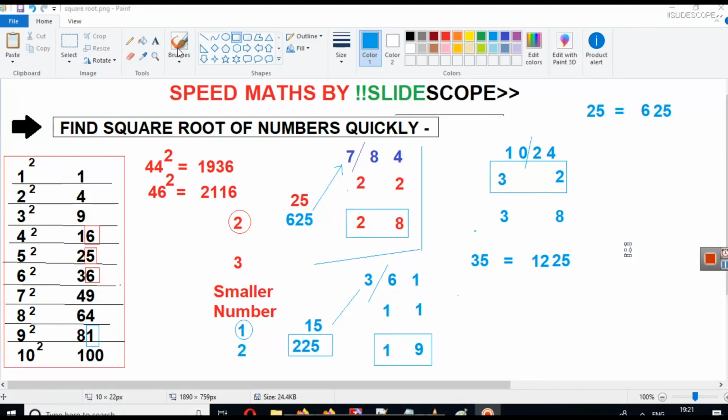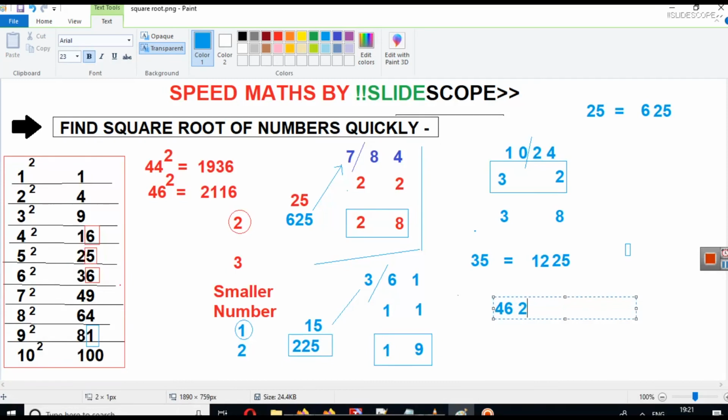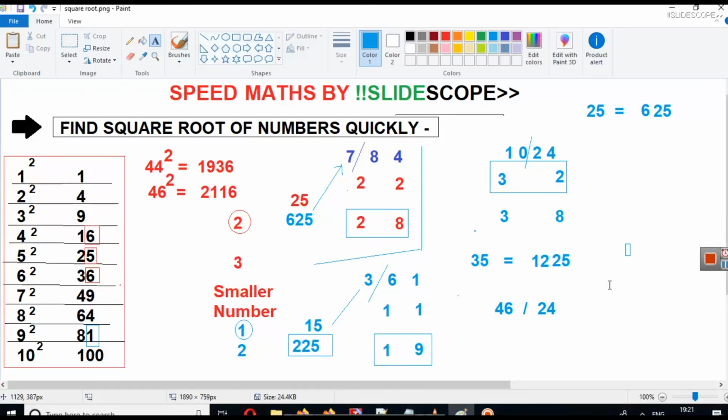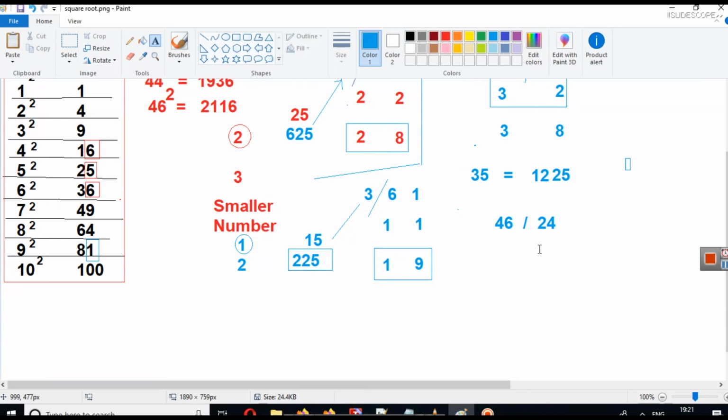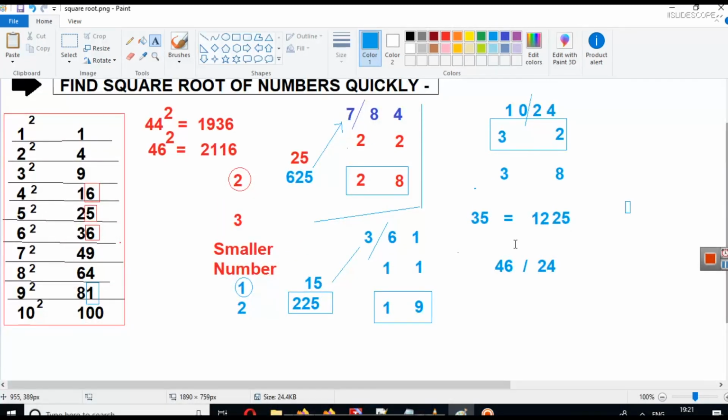Let's take another example, a 4-digit example. It is 4624. Again, we have to break 4624 into two parts. 4624 is our number, not 46 by 24. We have just divided it into two parts. Now, where will we find 46?